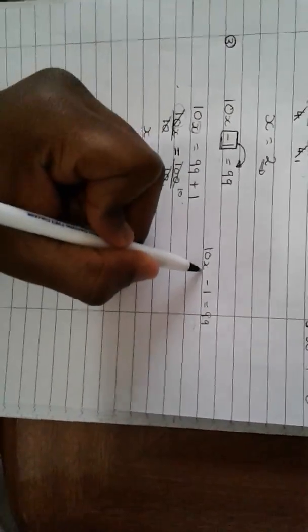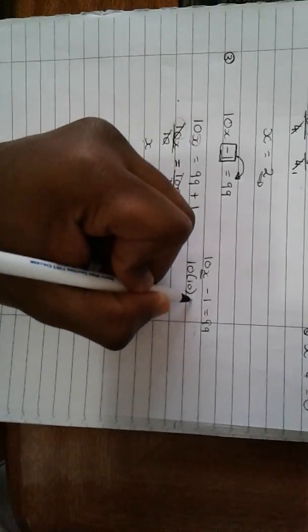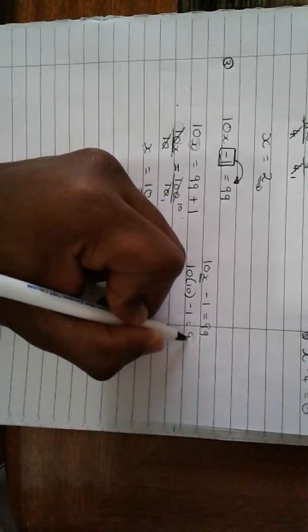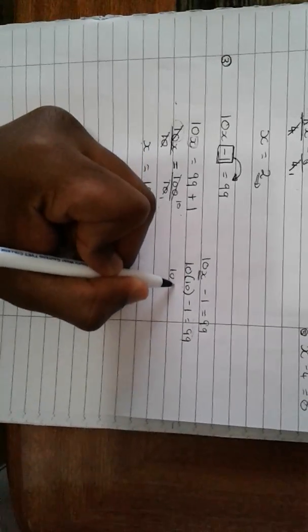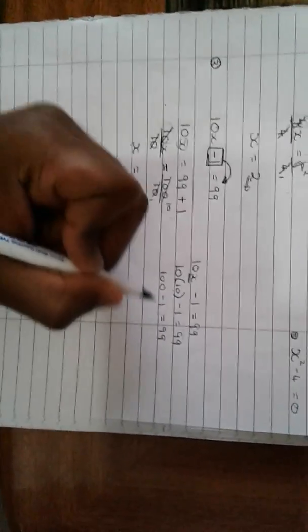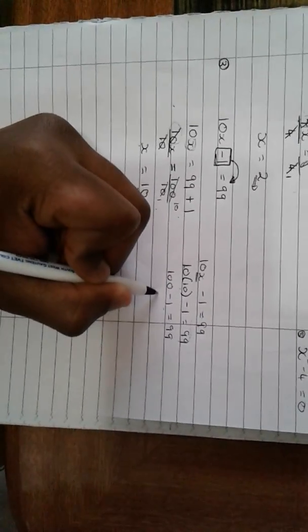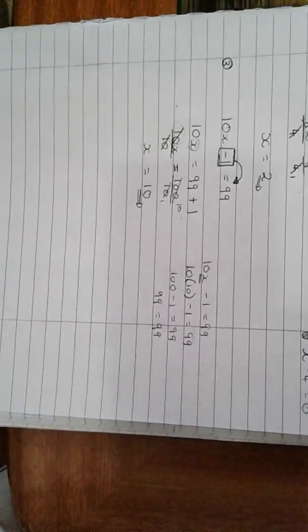So since your x is equal to 10, you can substitute 10 here. So it's going to be 10 in brackets, 10 minus 1 is equal to 99. Remember that brackets mean you multiply. So it's going to be 10 times 10. 100 minus 1 is equal to 99. Then 100 minus 1, 99 is equal to 99. That's how you check if your 10 was correct.